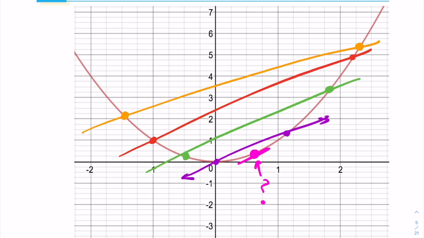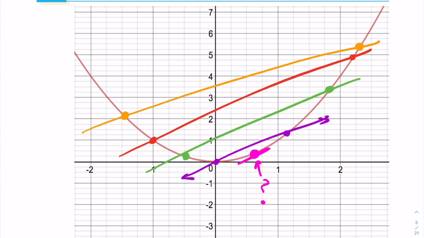I'm hoping that everyone would say the purple line. Now, why is the purple line the better estimate for how fast your heart is beating at that one moment? The reason is because your two data points are super close to that pink data point.